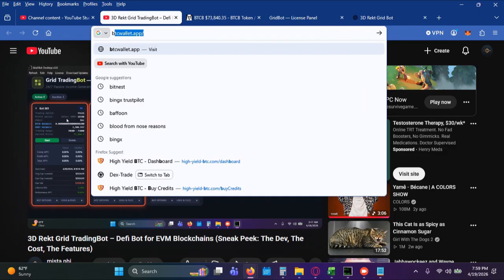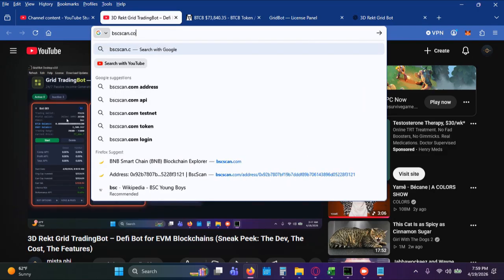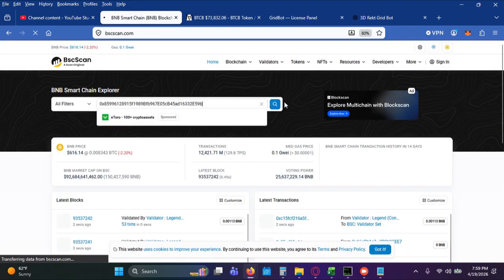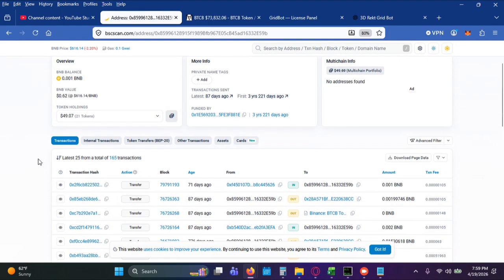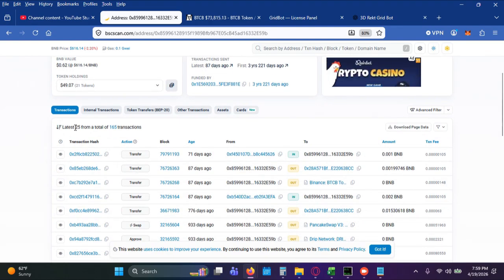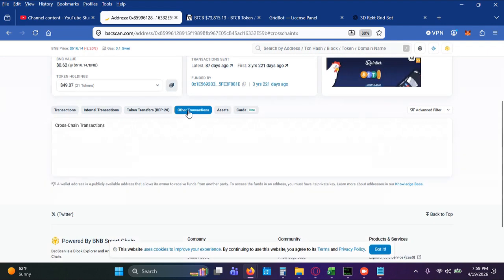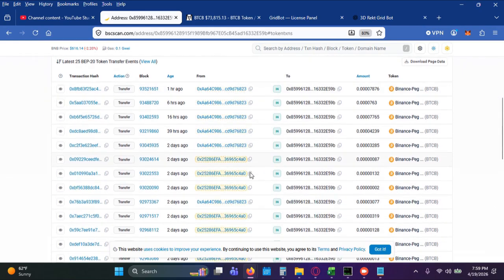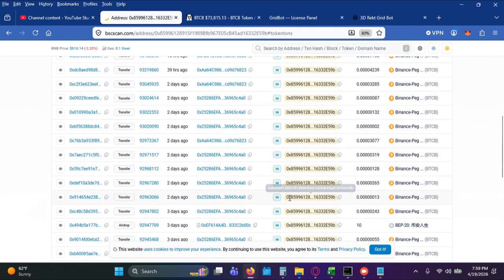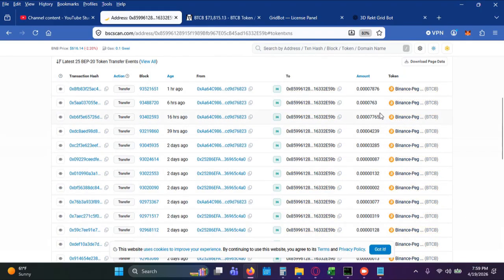So let's go to BSC scan and just dump this wallet address in there, so you guys will see 100% transparent what is going on with the bots, the activities. Click on these tokens here, and we see here over the course of days, it's just throwing more Bitcoin into that wallet. I don't have to do a single thing, and it's just chiming away, guys.